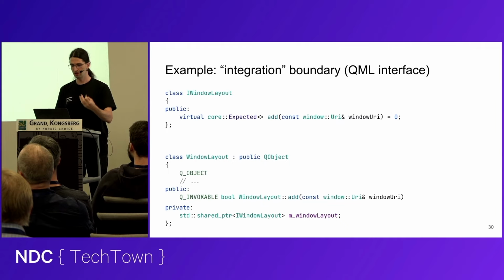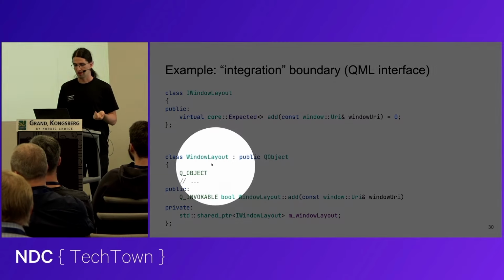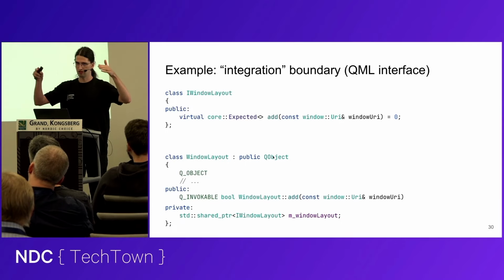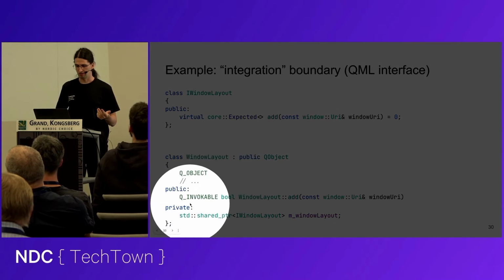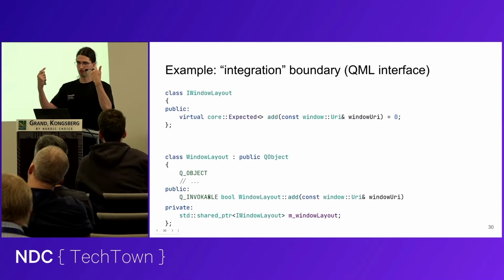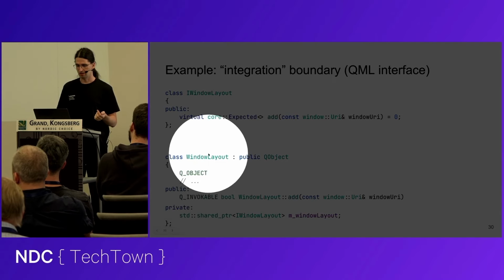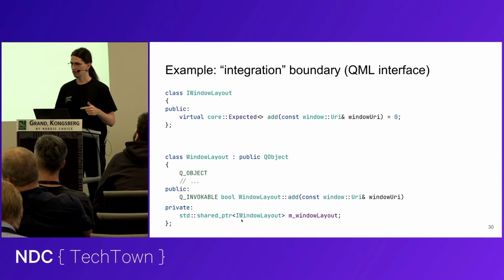I can add a window by URI on my layout and do something else after. Here I have my class, WindowLayout, that inherits from QObject to be integrated with the Qt type system, meta type system. Here I have an invokable method that can be invoked from the QML context, and my class just has a shared pointer to the actual implementation.